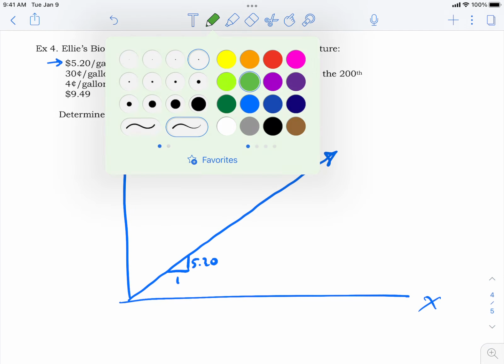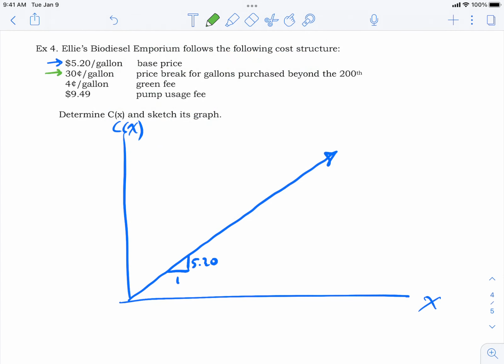Let's get out a new color. 30 cents a gallon price break for the gallons purchased beyond the 200th. So actually I'm going to come to X equals 200 gallons. I'm going to stick it right there. So when you're at 200 gallons, you don't follow this line up here.